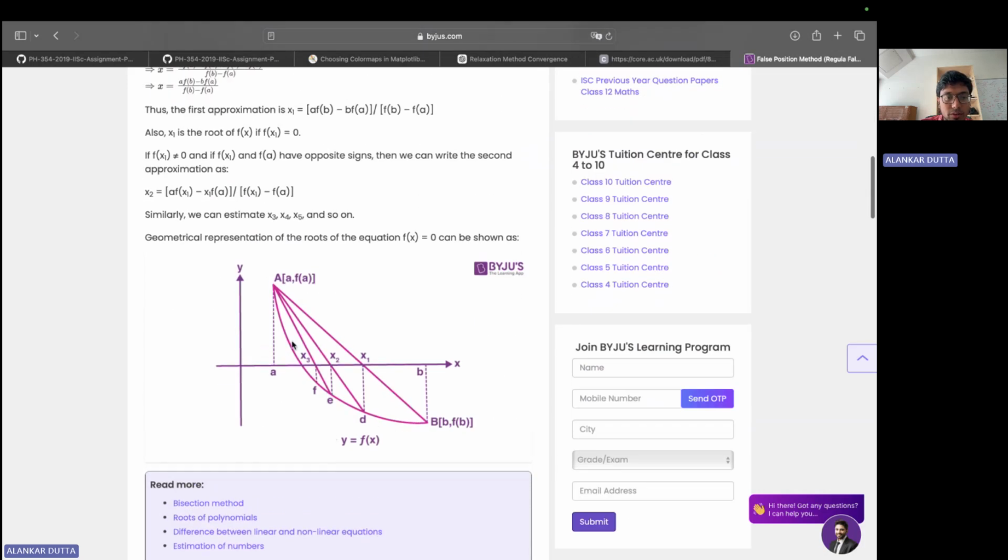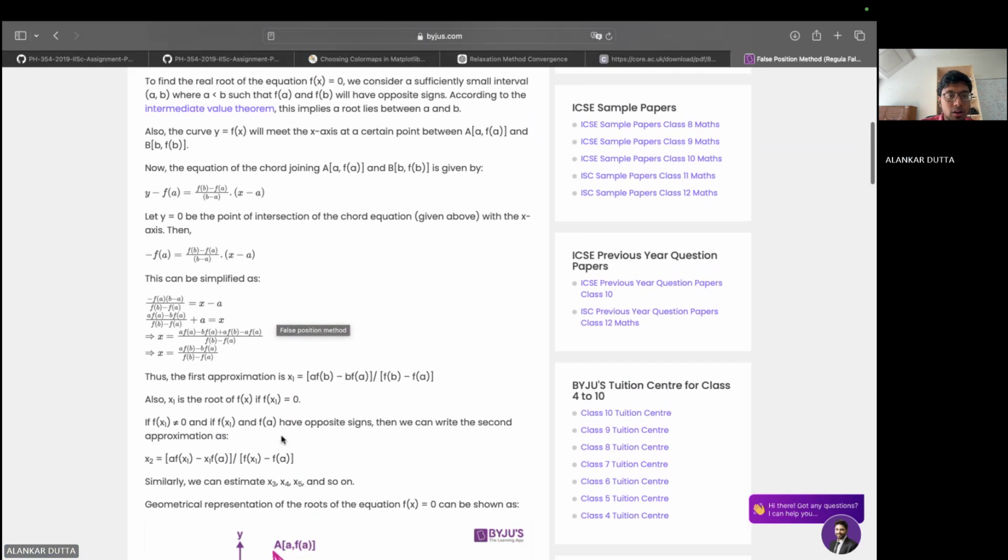So you can think of this as here, and then we are closing in on a and b, and new estimates for a and b take us close to the root, which is actually x3 here. Okay, so this can be simplified to this. Thus the expression x1 equals this. Also x1 is the root where f(x1) equals 0.